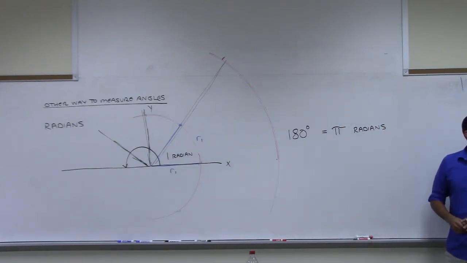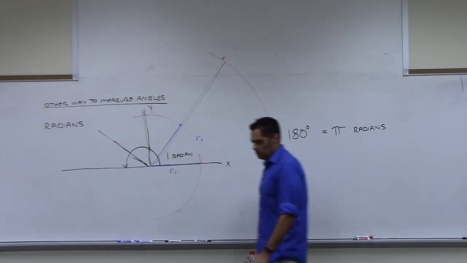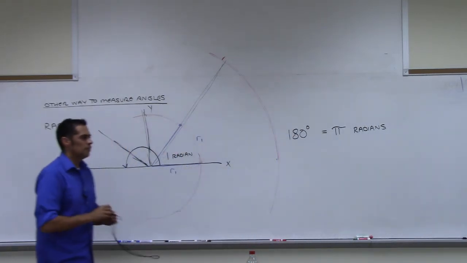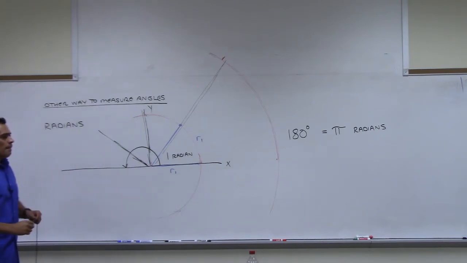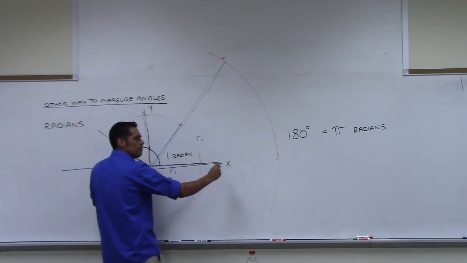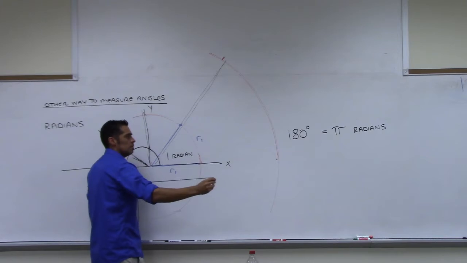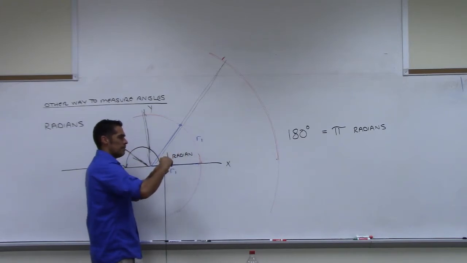It is exactly the length of the string right now. If you took that length of string and stretched it out exactly 3.14 times, it would complete the entire circumference of the circle, correct? Say that one more time. If I take this string and I measure out 3.14 feet, doesn't it create the complete circle in 3 revolutions or something like that?